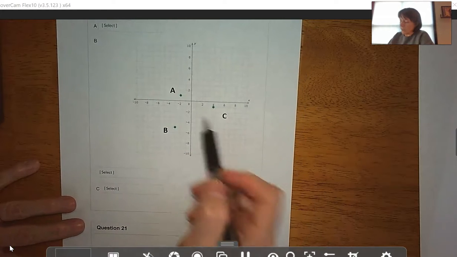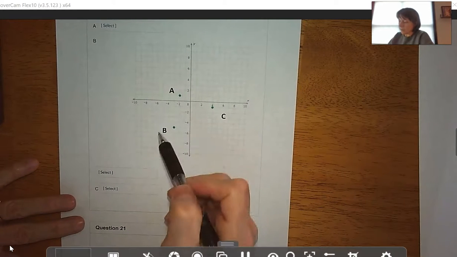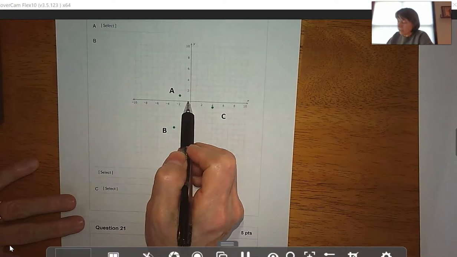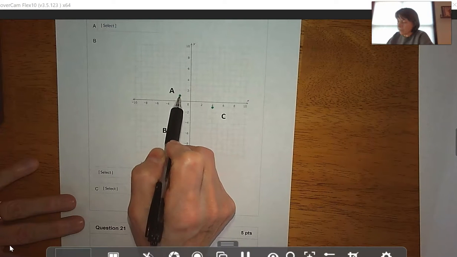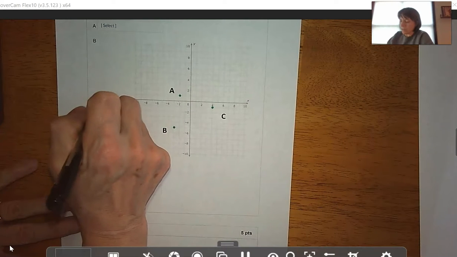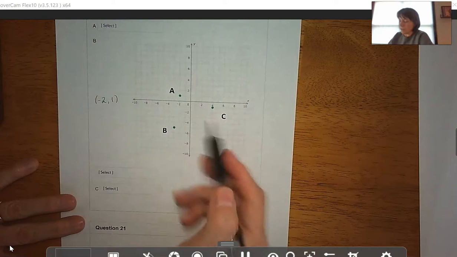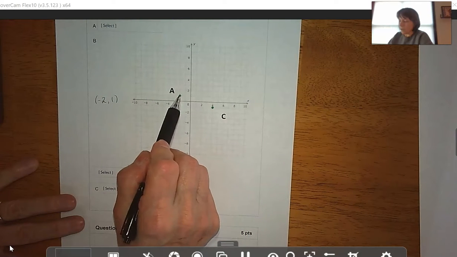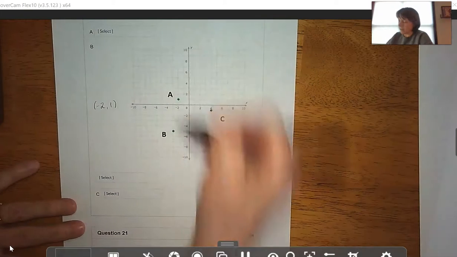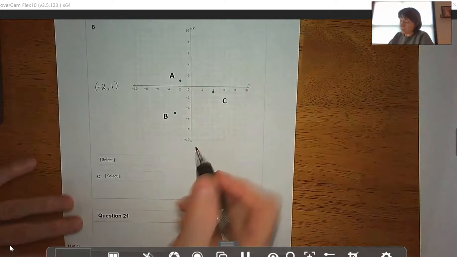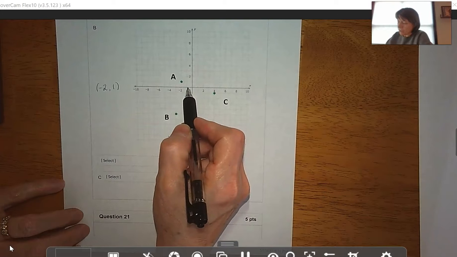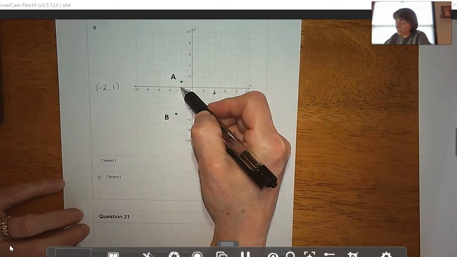This question on your practice quiz was a drop-down menu. And so first you had to identify A, and A was (-2, +1). So A should have been (-2, +1). We travel back 2 on the x-axis and up 1 on the y-axis. All right, and then for B, we're going to travel 1, 2, so -2.